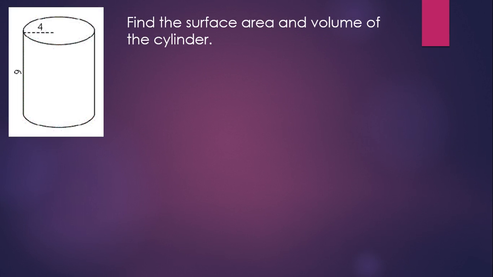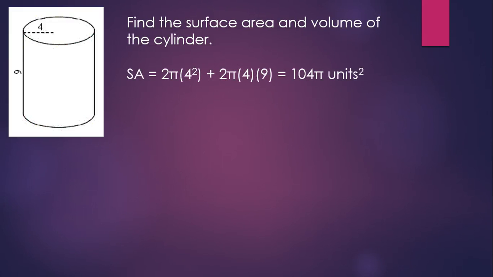Find the surface area and the volume of the cylinder. For surface area, we need to find the area of the two circles, so we have 2 times pi r squared, 2 pi times 4 squared.